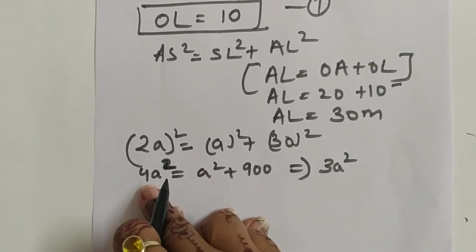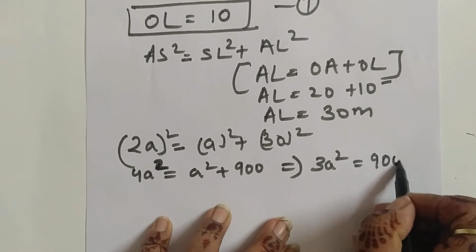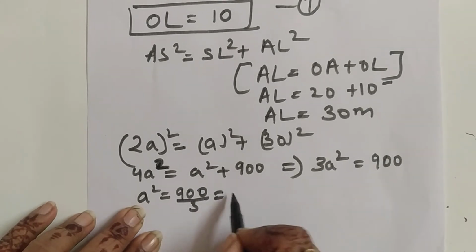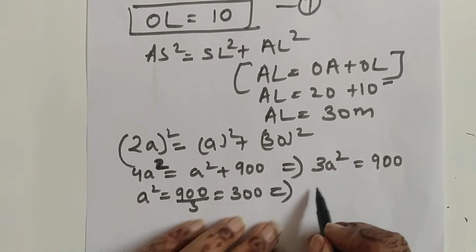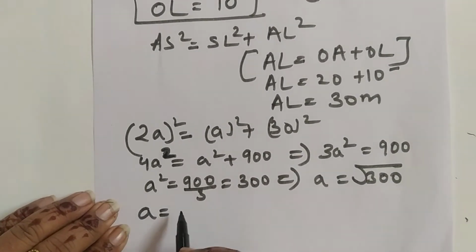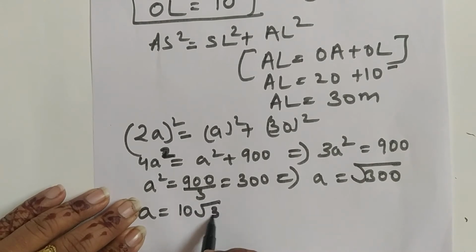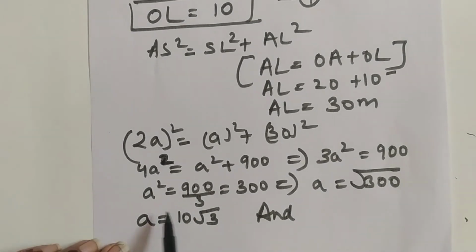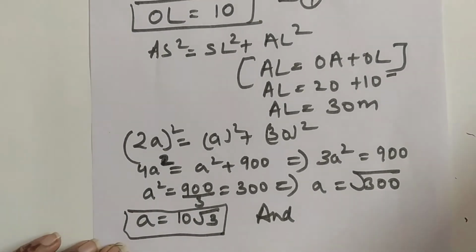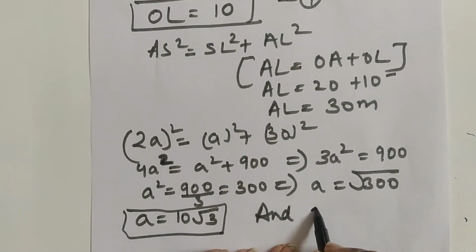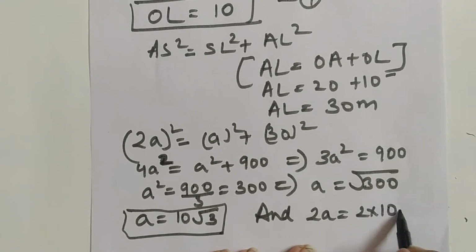By taking this A square to the left hand side is equal to 900, or we can say A square is equal to 900 upon 3, that is equal to 300, or it implies that A is equal to under root of 300. Yes, so A is equal to 10 under root 3, and we have find out the value of A here, but we need to find out the value of 2A. Yes, so 2A is equal to 2 into 10 root 3, that is equal to 20 root 3.